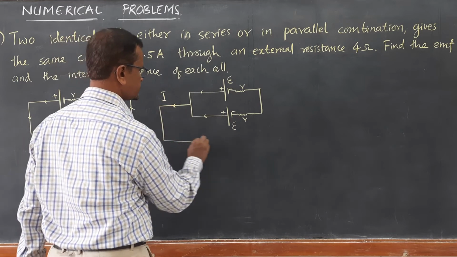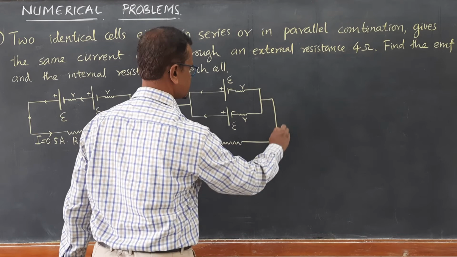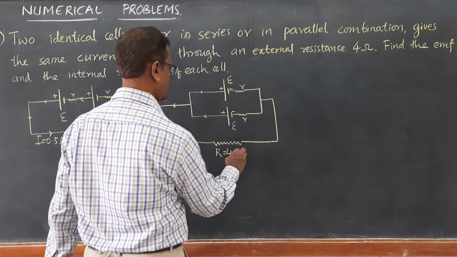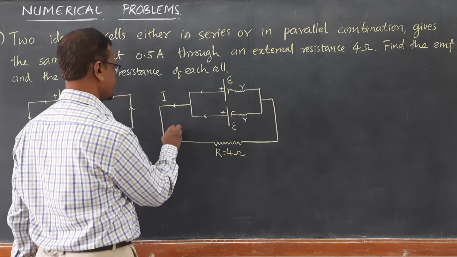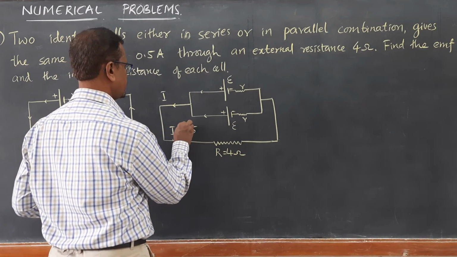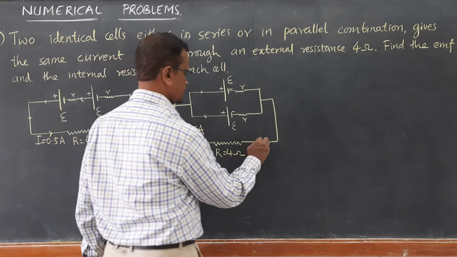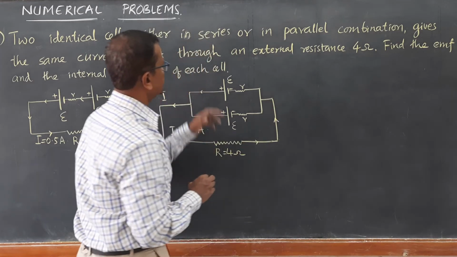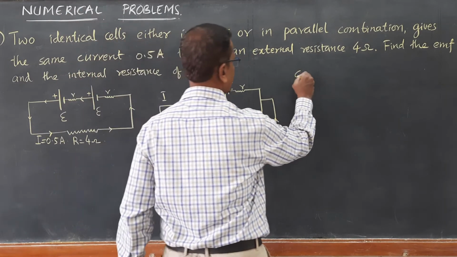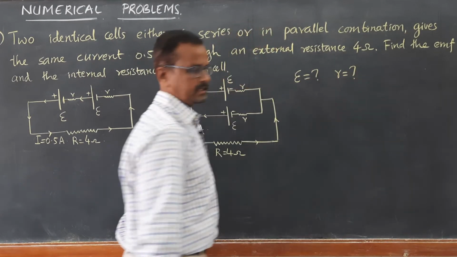The combination gives the same current I that passes through a series resistor R equal to 4 ohm, and the value of current is the same, I is equal to 0.5 ampere. So if this is the case, you are asked to find out the EMF of each cell and the internal resistance of each cell. This is the question.